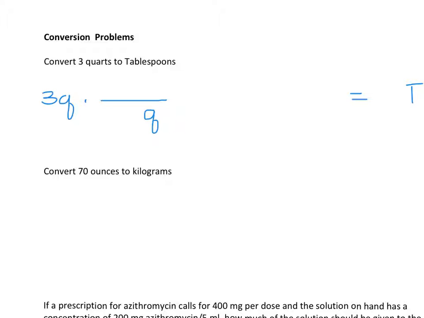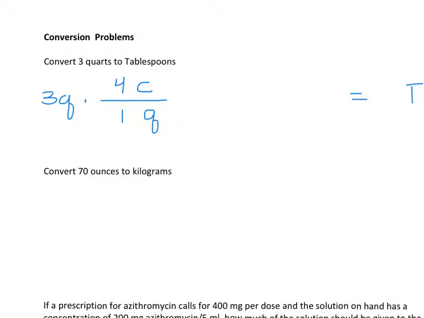So for every 1 quart, that is equivalent to 4 cups, and I'll use a C for a cup. So this ratio, 4 cups to 1 quart, is another way of representing 1. Right? It's the same quantity. 4 cups is the same quantity as 1 quart. So you have the same thing over itself, top and bottom in a numerator. That always equals 1.